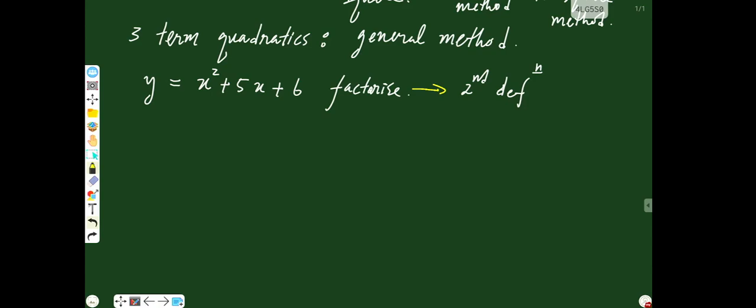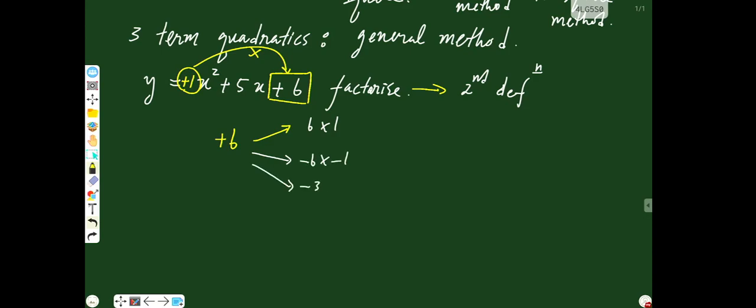First of all, you take the coefficient in front of x squared and multiply it with the constant term, which is plus 6. So it's going to be plus 6. Then you make all possible multiples of 6: 6 times 1, minus 6 times minus 1, minus 3 times minus 2, 3 times 2.